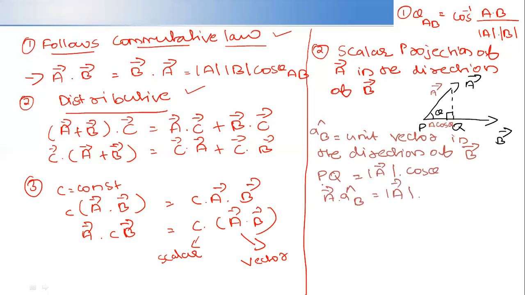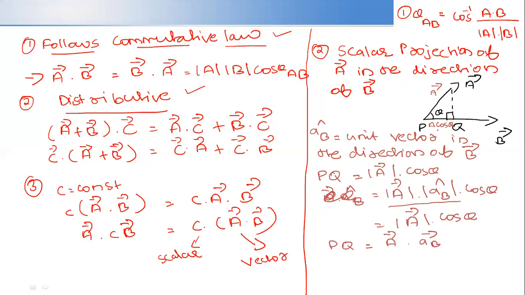So PQ can be written as vector A dot unit vector AB. Mod A into unit vector AB, because the magnitude of this is 1 only, we can write as mod A into cos theta. That means PQ is equal to vector A dot vector B, actually we are arriving at this relation.